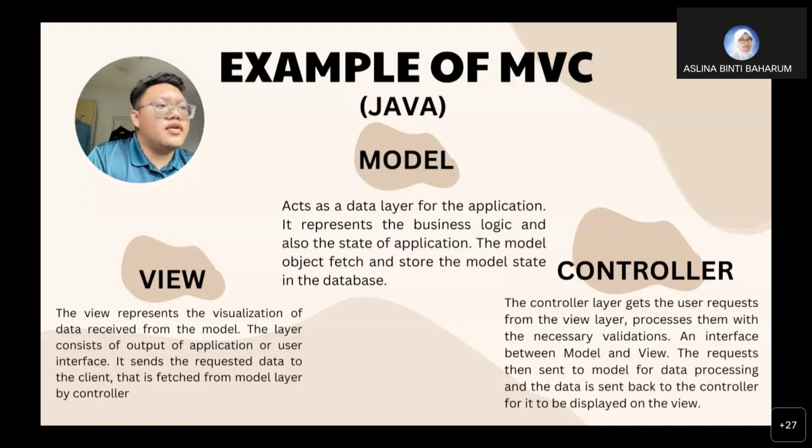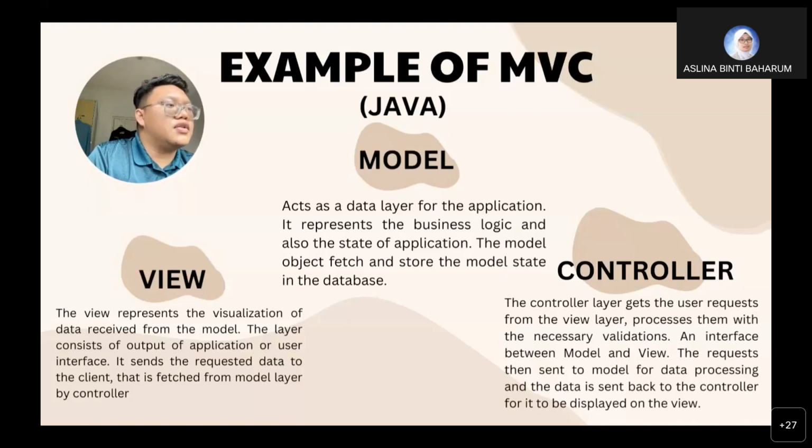The model acts as a data layer for the application. It represents the business logic and also the state of the application. The model object fetches and stores the model state in the database.